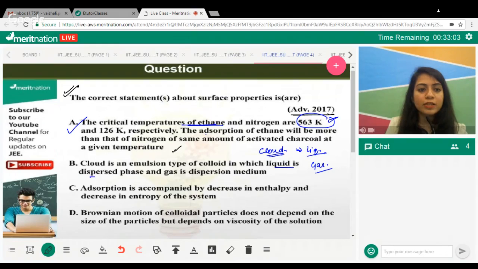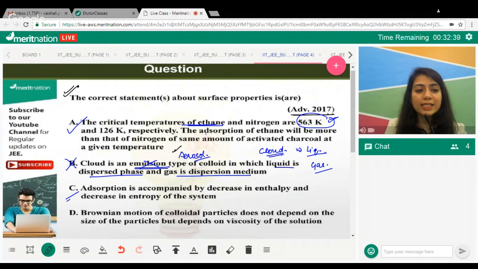But it's written that cloud is an emulsion type of colloid, which is absolutely wrong, because an emulsion is liquid in liquid. Here we have liquid and gas. So this is basically an aerosol. You can say it is an aerosol, but you cannot say it is an emulsion. So this statement would be wrong.